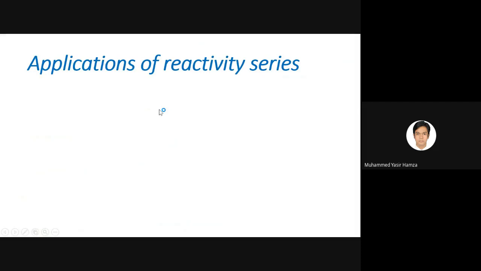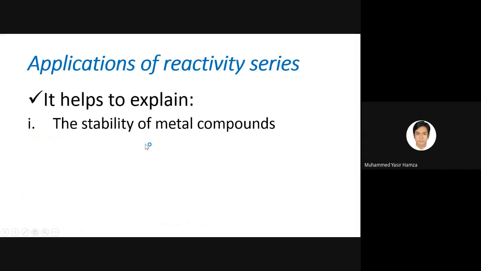Okay, now let's go to applications of the reactivity series. Actually, there are so many applications of this reactivity series, so I have only put three of the applications as written in the book. It helps to explain the stability of metal compounds. We have discussed a little bit of metal compounds, like I discussed that magnesium hydroxide will decompose to magnesium oxide because of thermal decomposition.